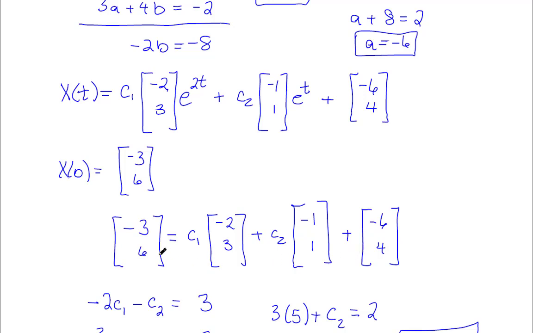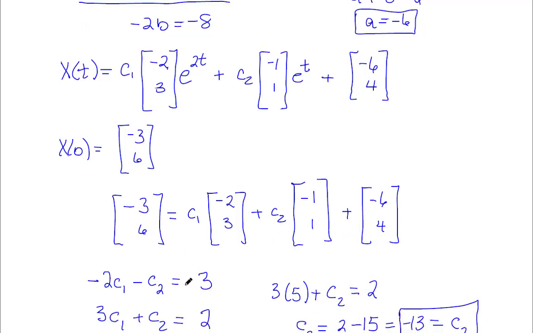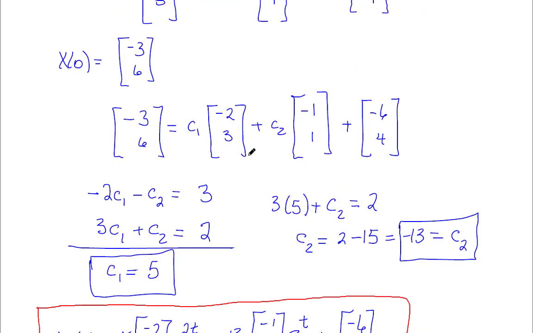So let's get it out of this format into something we can handle. Let's see. I've got a minus 2c1. I've got a minus c2 constant. Let's see. Minus 6 comes across. 2e is 6. 6 minus 3 is 3. 3c1, c2. Bring the 4 over. 6 minus 4 is 2.